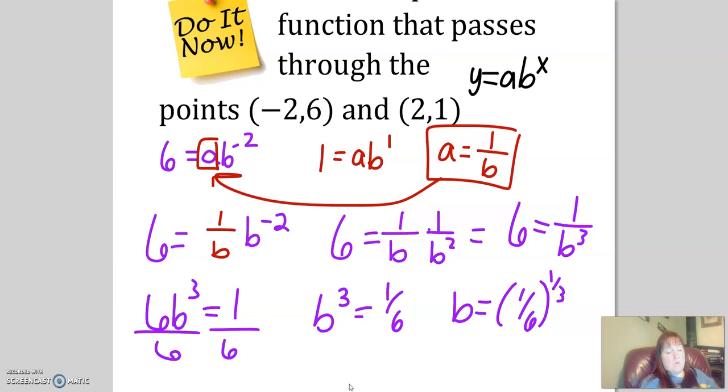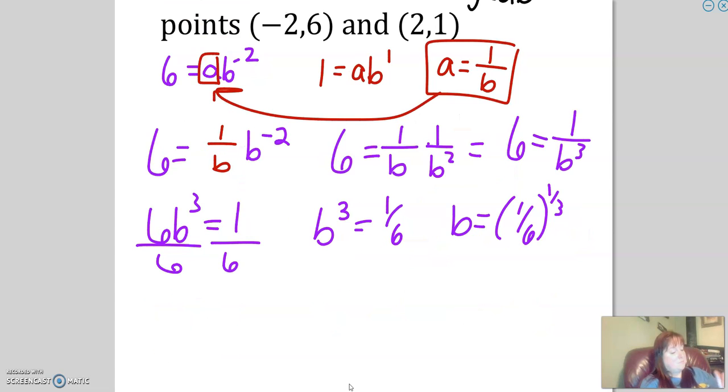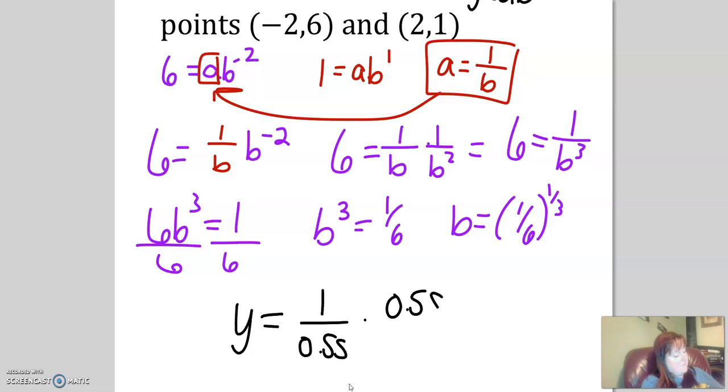Okay, so we end up with y equals, let's see, 1 over 0.55 times 0.55 to the x, and you're going to be tempted again to multiply those two 0.55s together. You can't do that because exponents are stronger than multiplication, so they take precedence.